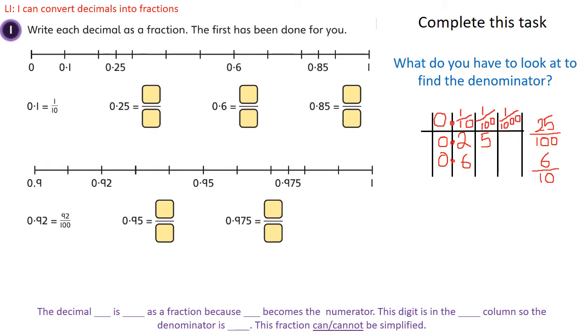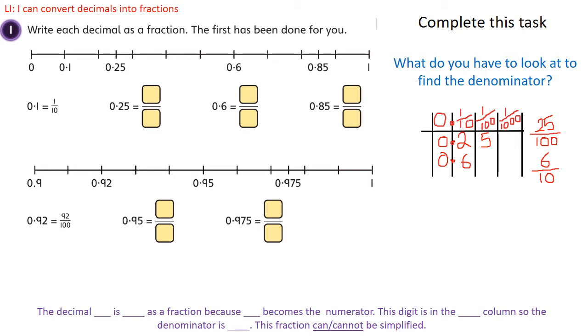0.85 as well. Then if we go down onto the second one and have a look, again, 0.92 has been done for you. The 2 is in the hundredths column, so therefore the denominator is going to be 100. 0.95, what column is the 5 going to be in?